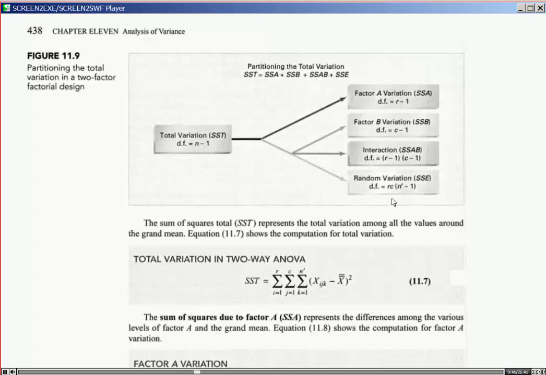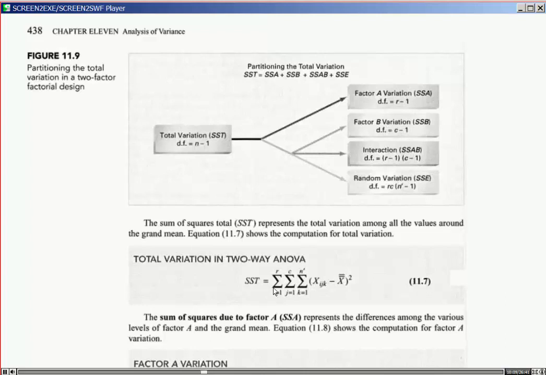Equation 11.7 shows the computation for total variation. We take all data points, all possible, subtract the grand mean from them, which was calculated from these, and square the difference and then add up according to the ways they've been subdivided.